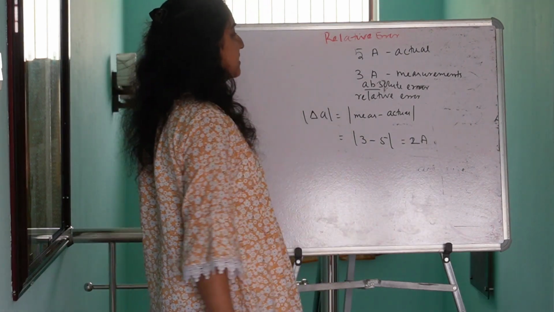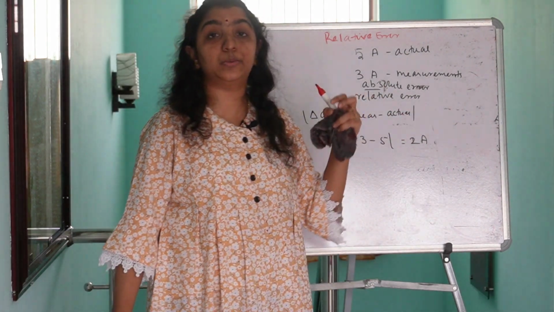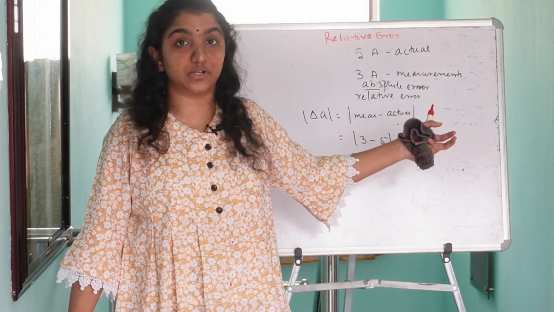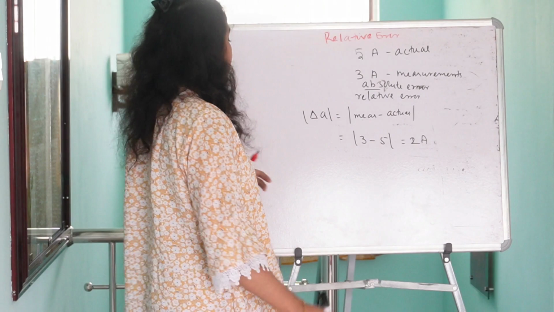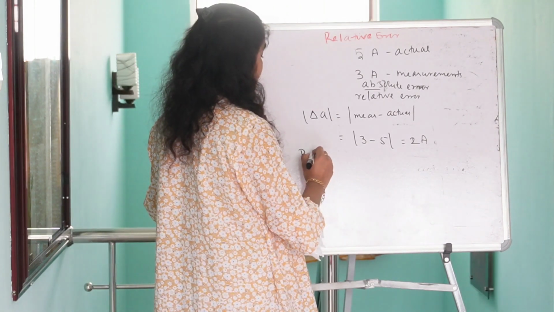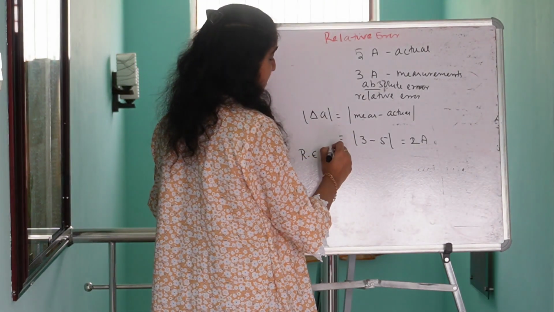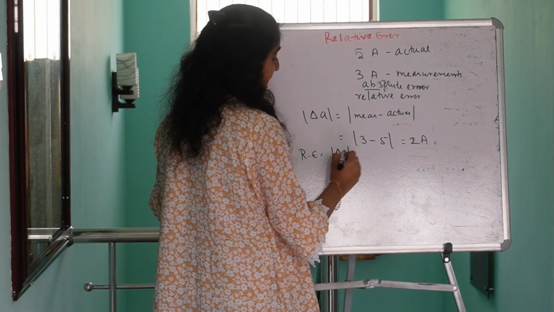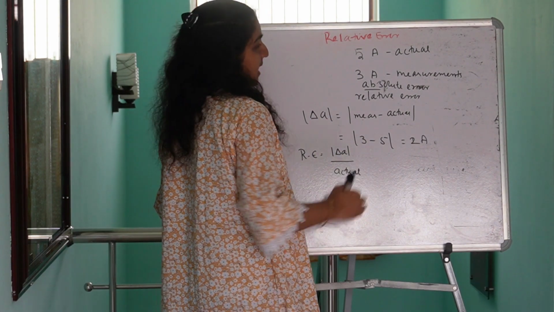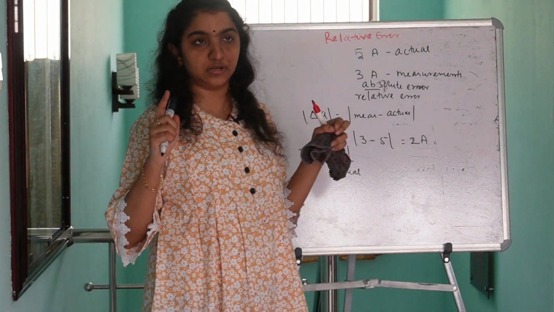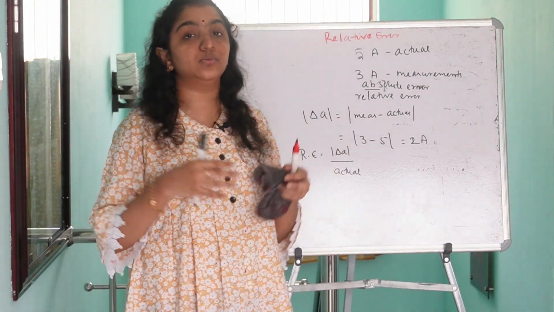Again, the next question is to calculate the relative error in this measurement. So how do we find the relative error? I know relative error is equal to absolute error divided by actual value, isn't it? Here I am provided with all the values directly.